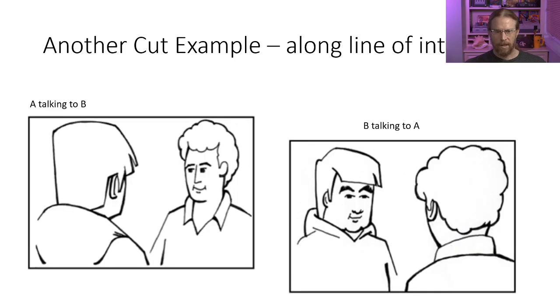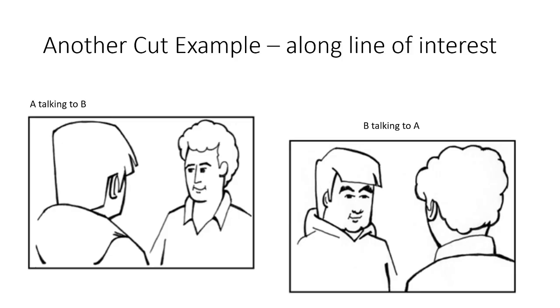So in terms of camera movement in the conversation scenario, we can move along that line of interest. You probably recall from the previous figure that we were looking at those different external views.